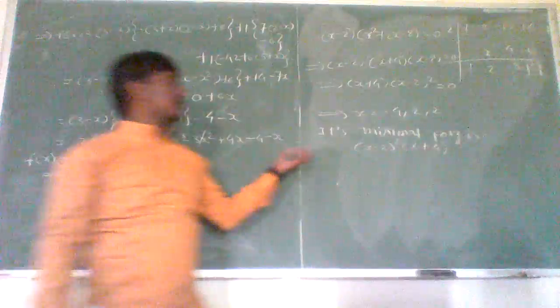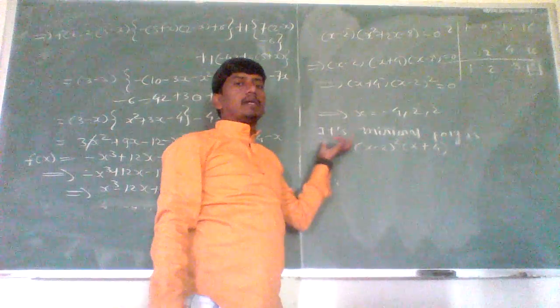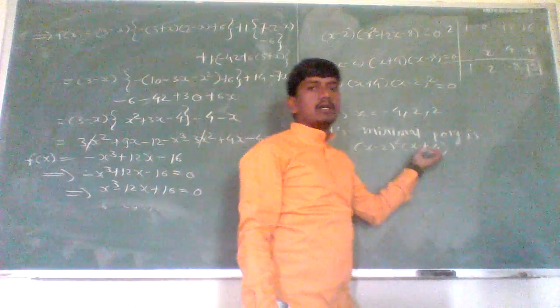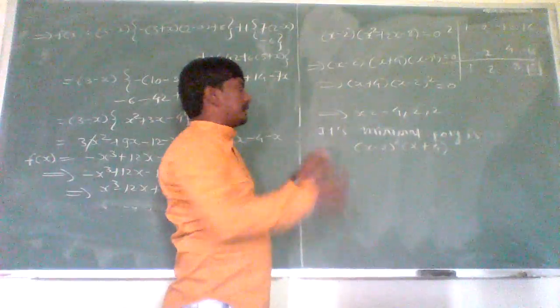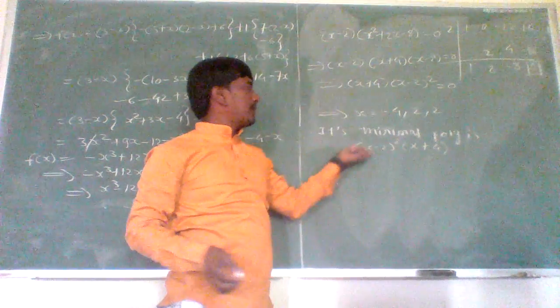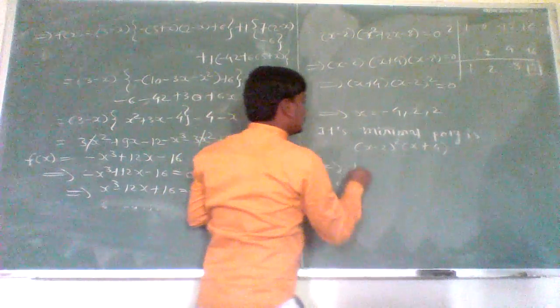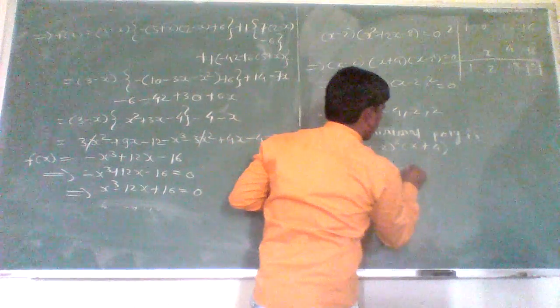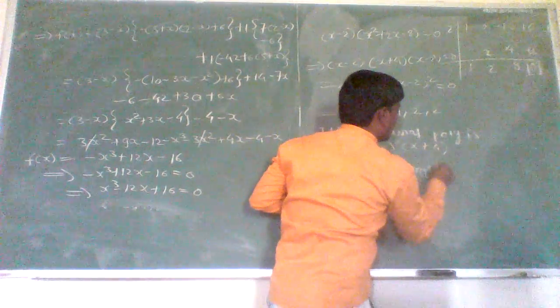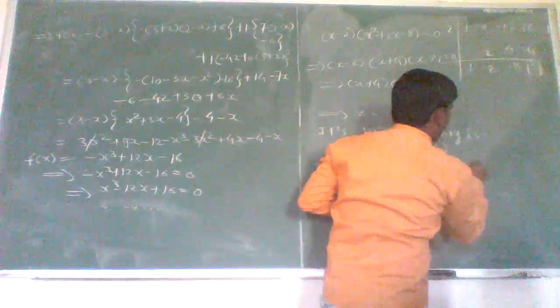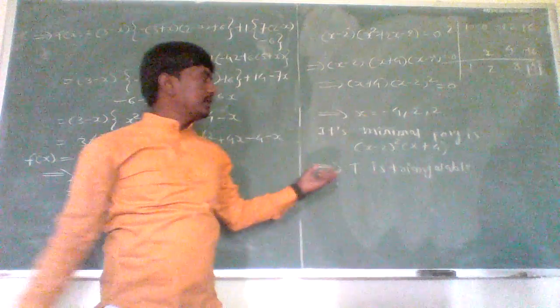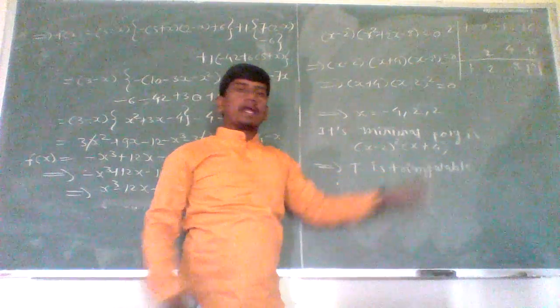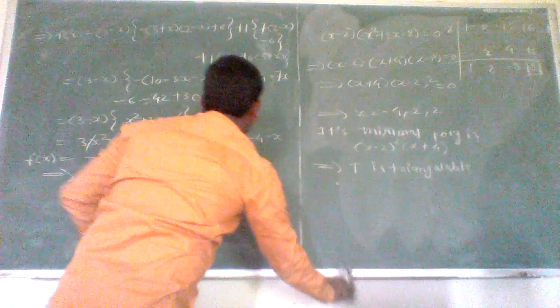But in the previous lecture we proved that if the minimal polynomial of a given linear operator T is expressed as a product of linear factors, then the linear operator T is triangulable. Then by that theorem, T is triangulable. Okay, so here we have proved that T is triangulable, but it remains to find its corresponding triangular matrix.